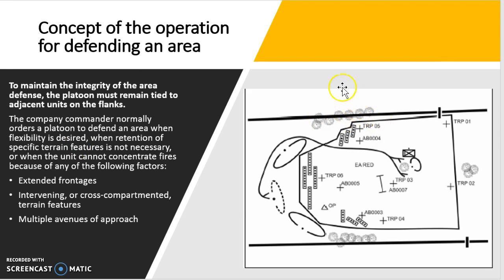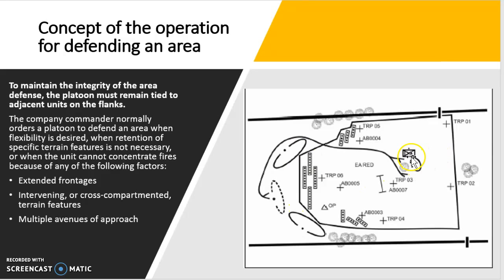So let me just start off by describing the picture in this slide. What we have here is a platoon in defense, and you can see the platoon boundary at the top and the bottom. Now this is assuming that possibly the enemies could be approaching from the east to the west. Alright, so you have a squad here, and a squad here.